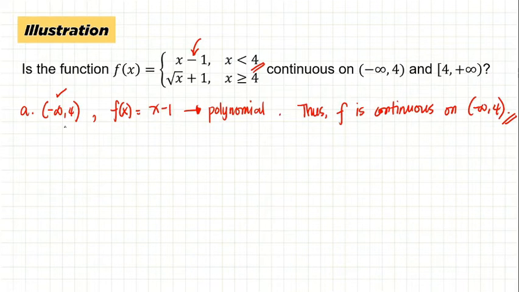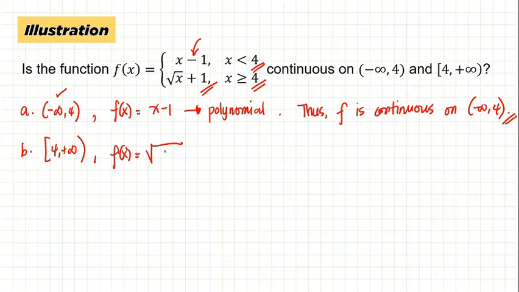Okay? Next, letter B. We have closed at 4 to positive infinity. So we are going to use the second subfunction because from 4 to positive infinity, those are values greater than or equal to 4. So we will use this one. In this case, f of x is equal to the square root of x plus 1. So this is now a radical function.